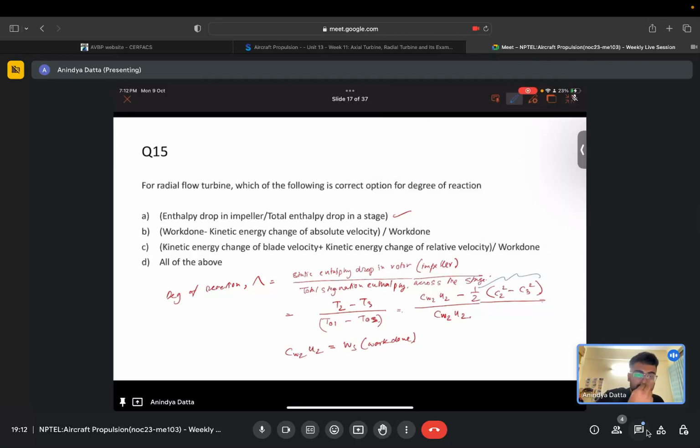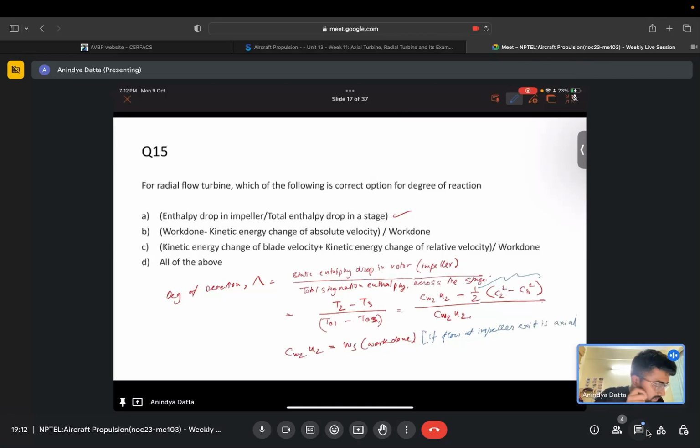Again, just go back to the lectures and check how this derivation is done. You can get this from the velocity triangles, and then applying Euler's turbomachine equation you can get that the work done is equal to CW2U2 if the flow at impeller exit is axial.